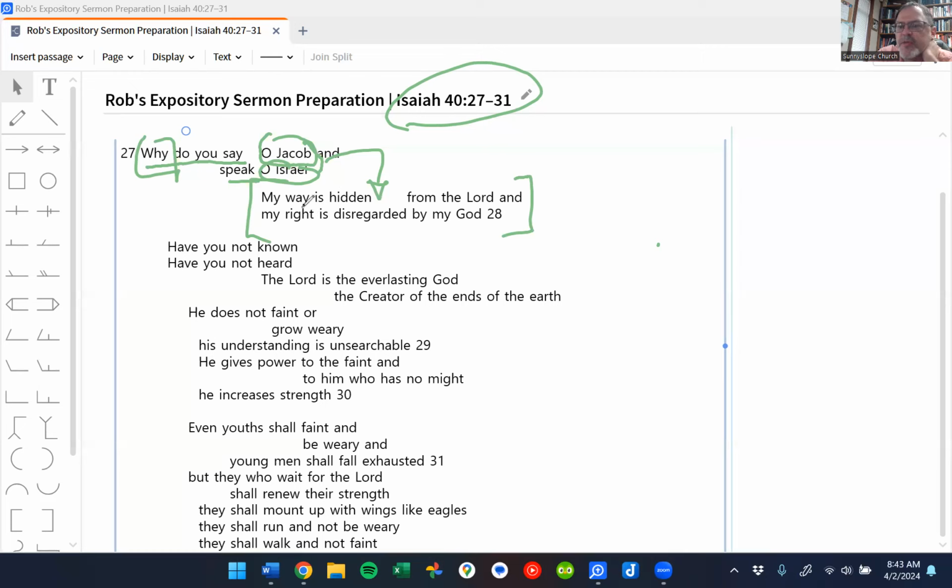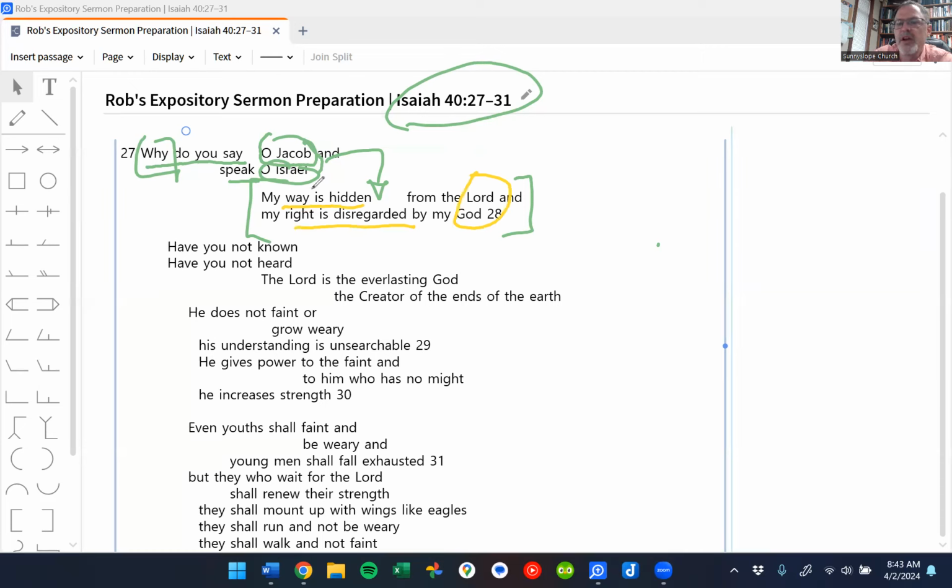My way is hidden, my right is disregarded. Again, the connection in both phrases is Lord and God. My way is hidden from the Lord, my right is disregarded by my God. That's parallelism. You can hear how it's the same idea, slightly restated from one phrase to the next.